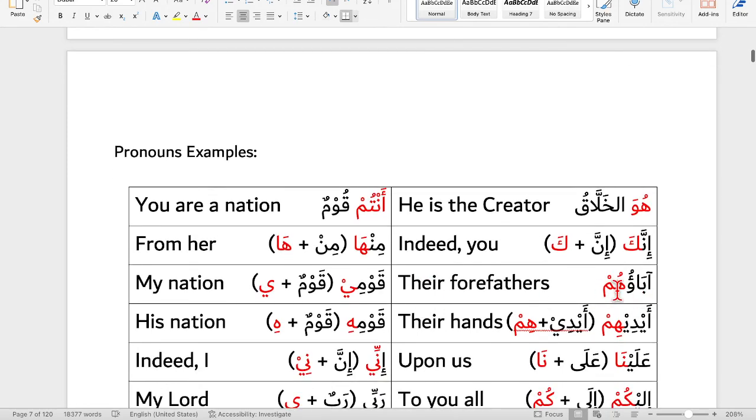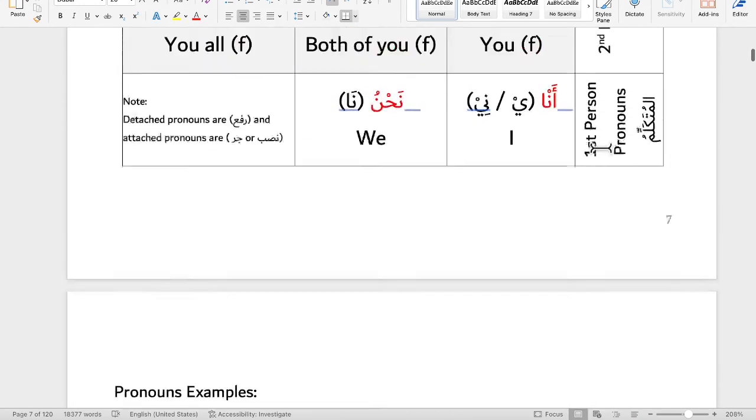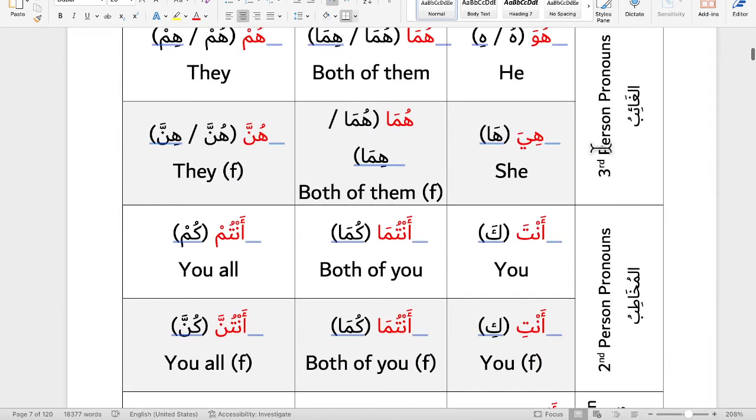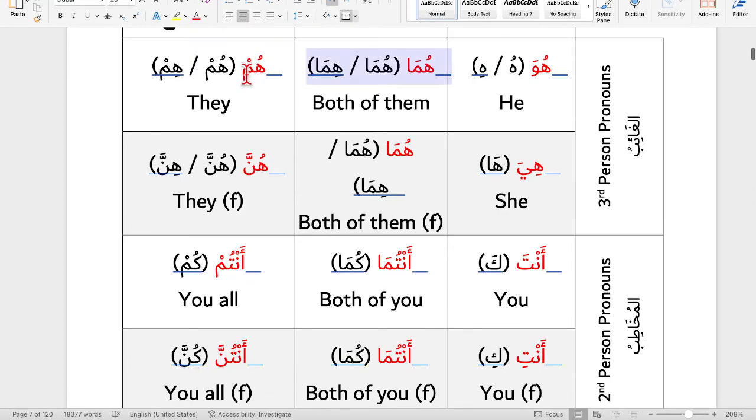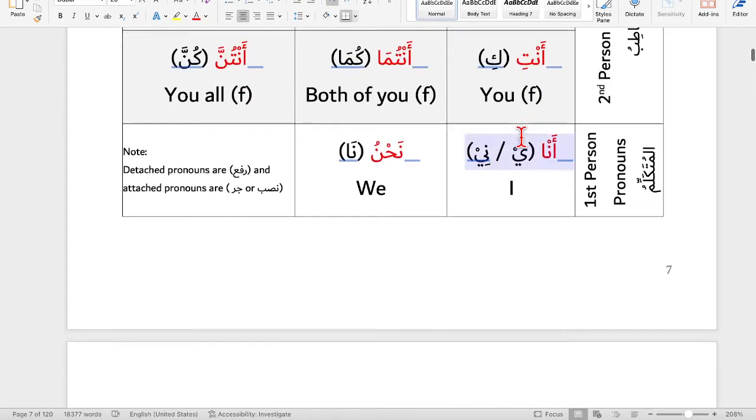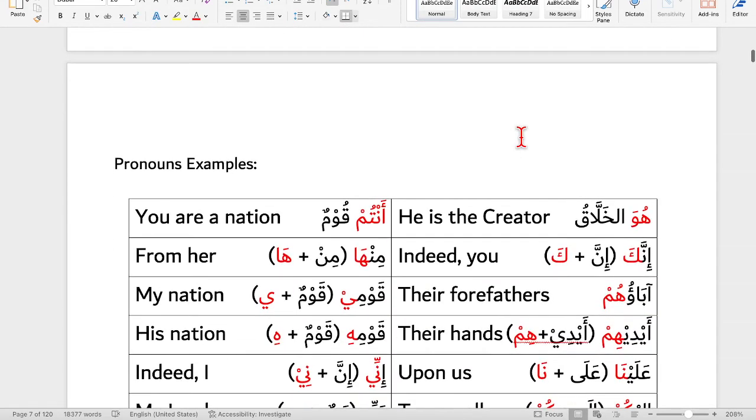Abauhum, hum is the third person plural. Huwa huma hum, this is the detached form, meaning they. Abau means forefathers, so abauhum means their forefathers.